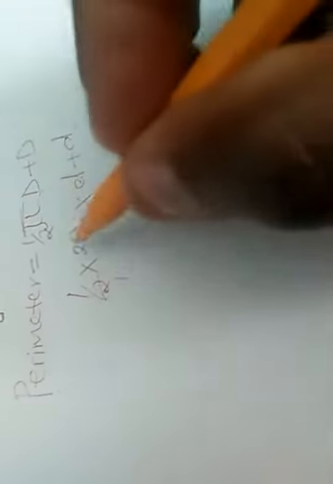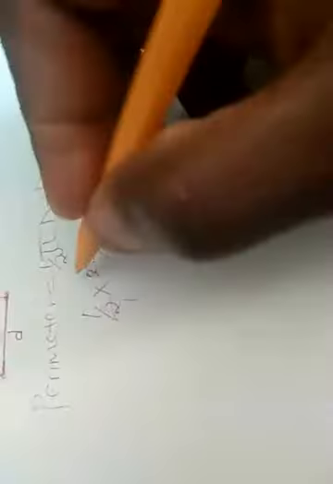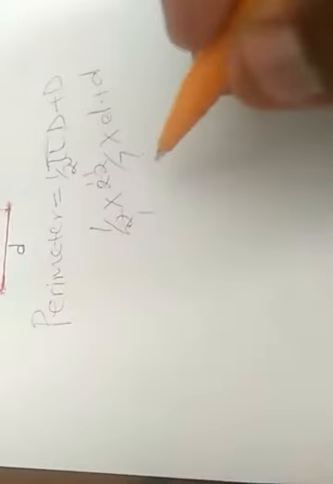So now we are going to simplify. 2 goes into 2 once, and 2 goes into 22 eleven times. And so we are going to have 11 times d, which is 11d, all over 7, plus d.